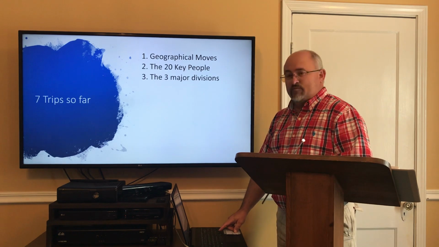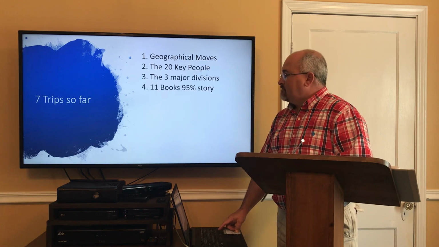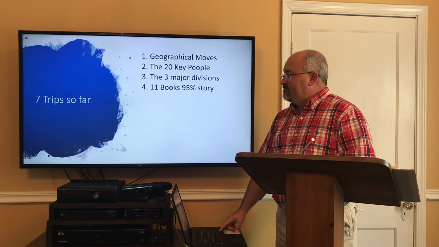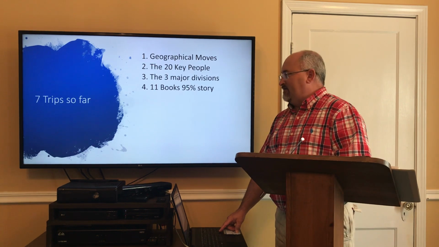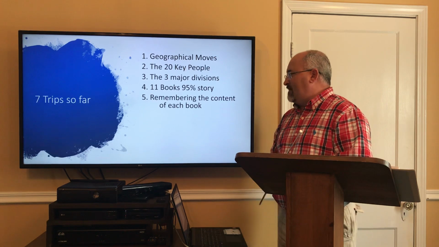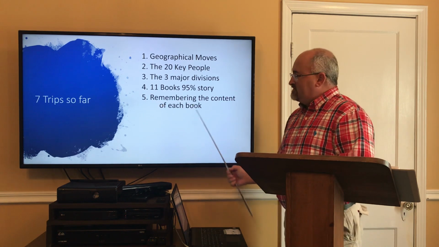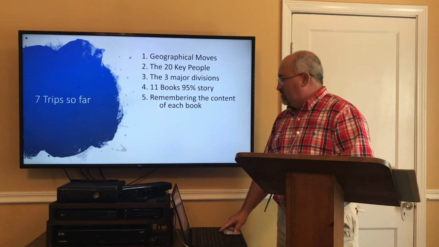We've talked about the 3 major divisions of the Old Testament. We've talked about the 11 books that contain 95% of the story of the Old Testament and the children of Israel. Number 5, we've looked at ways to remember the content of each of the books in the Old Testament.